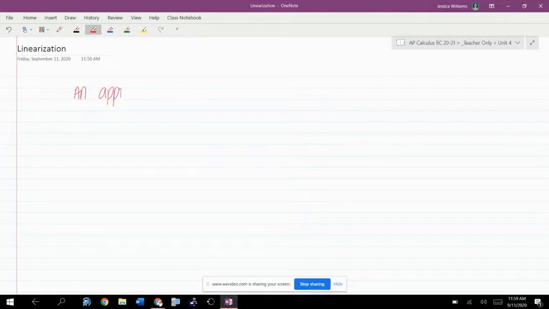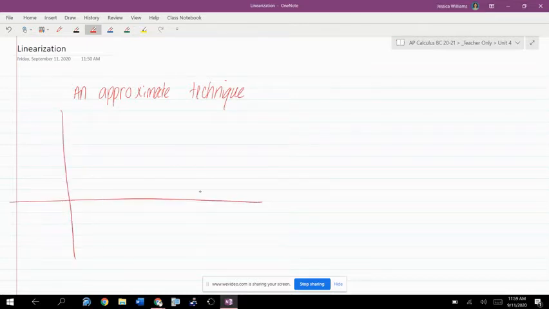You're going to use this to approximate different values of a function. Let me draw a quick squiggle wiggle for you. There's my squiggly wiggly. I'm going to call it F, and we're writing lines. Linearization, line is right in it. So we're going to write lines.